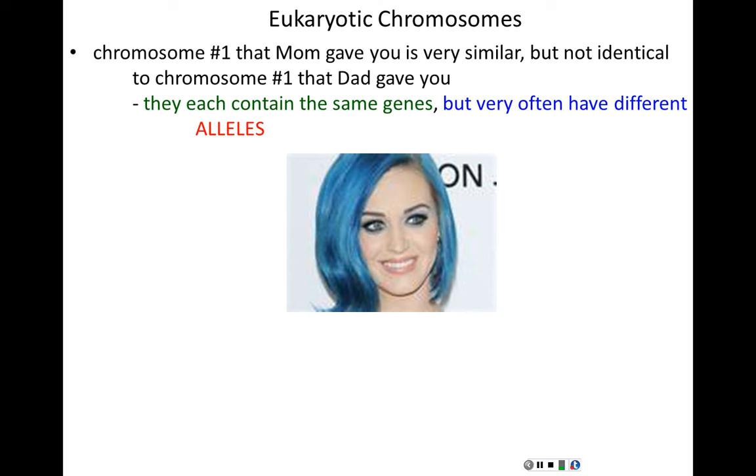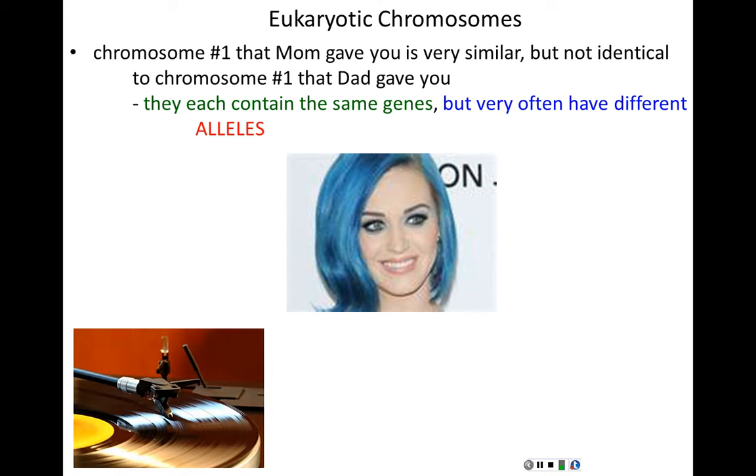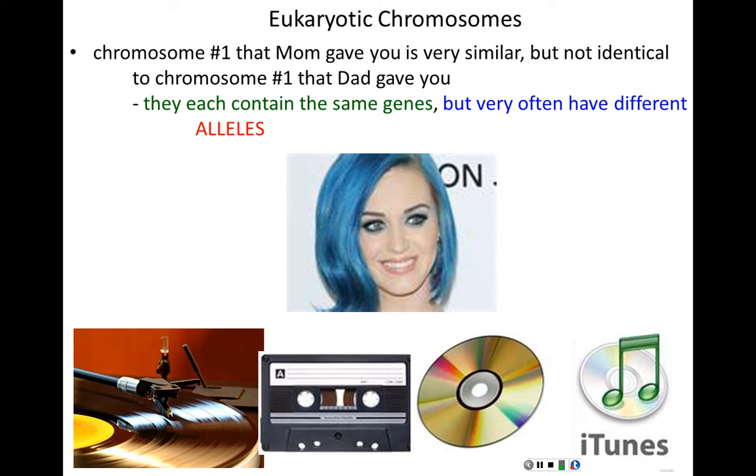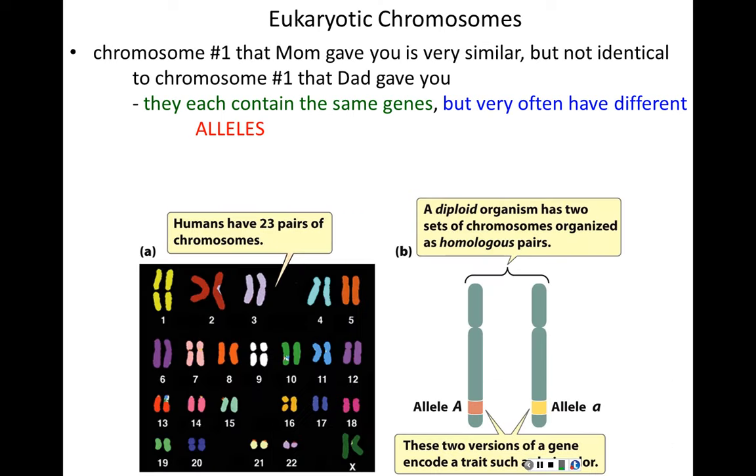You remember as well as I do, Wide Awake can come on vinyl, cassette tape, CD, or MP3. It is the same information in a different version. Hair color can come as red hair, blonde hair, brown hair, black hair. It's the same gene, hair color, but different versions of that.